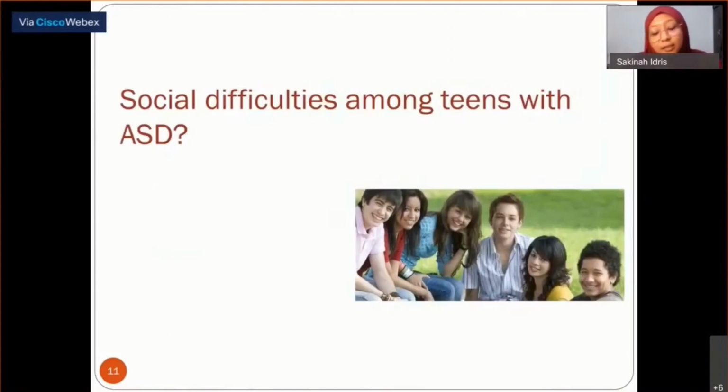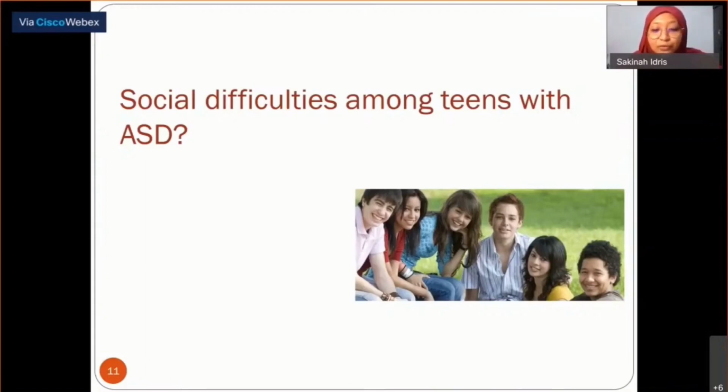Rejection can occur through multiple reasons. For example, when friends see that a child is socially awkward or weird, these things are judged by their peers. As you all know, ASD involves some rigidity and repetitive behavior, which might be seen by their peers and considered weird by their friends.